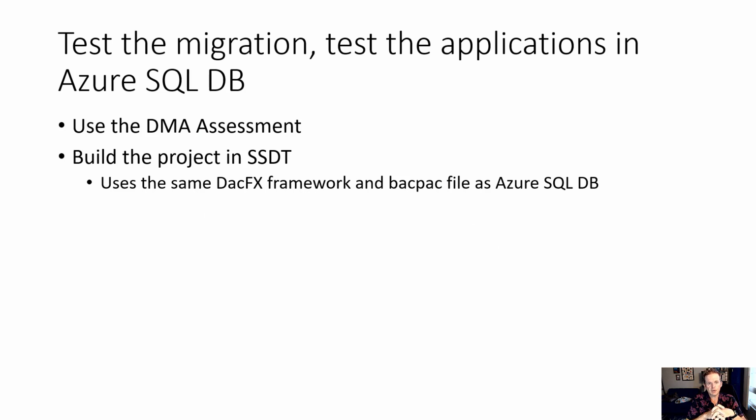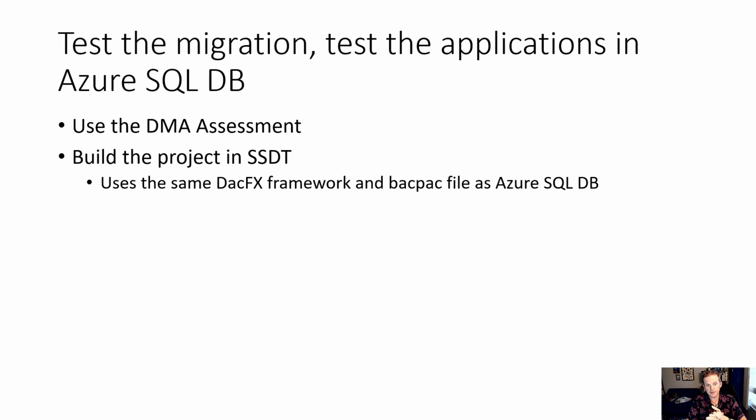We should test the migration and test the applications in Azure SQL Database because we don't have feature parity from on-premise SQL Server to Azure SQL Database. It's really important that we test, just test all the time. You can use the DMA assessment to give you some things. You can also try to extract your bacpac or DACpac into an SSDT project in Visual Studio, and you can try to compile it.